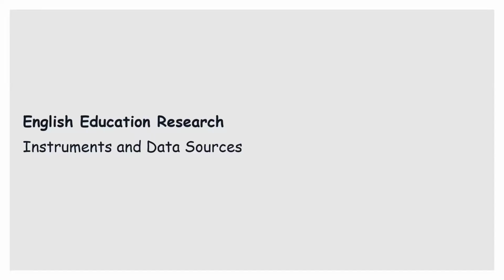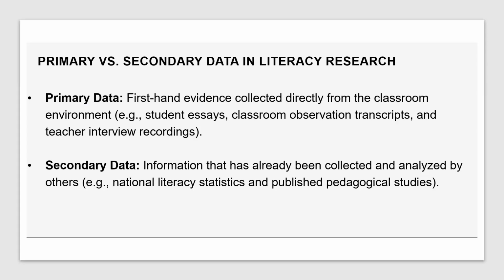Okay, so for example, this is English education research. What instruments and data sources can we use? As primary data, the data you collect directly from the classroom or the participants, it can come from real teaching and learning situations.